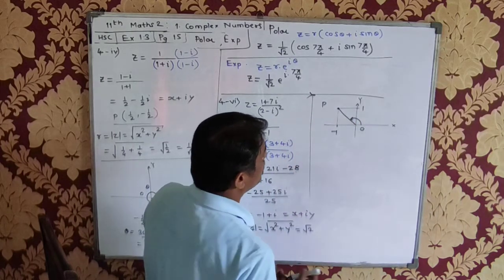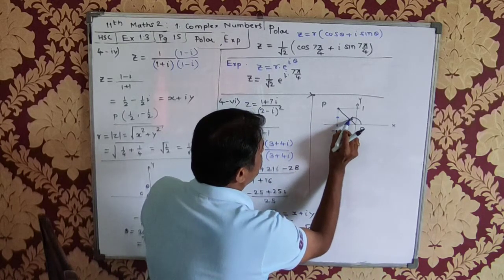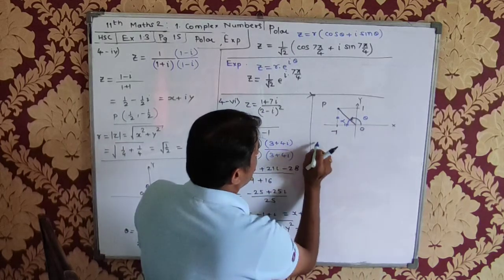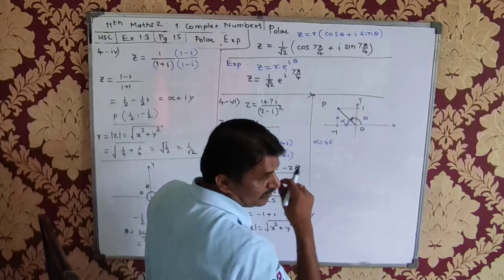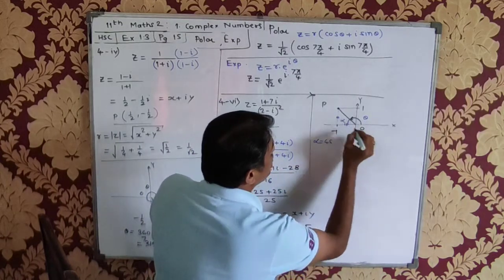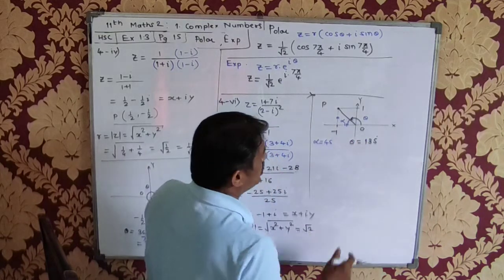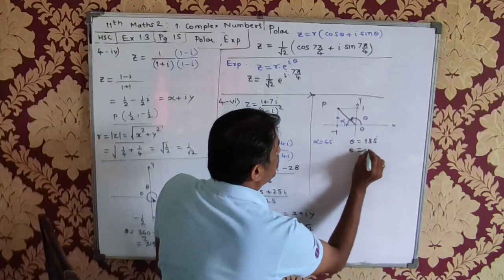Now this is an isosceles right angle triangle, so this is 45 degree alpha and this is theta. Alpha is equal to 45 and theta is equal to 180 minus 45, that is 90 plus 45, which is 135. So 2 pi by 4 plus 1 pi by 4, 3 pi by 4. Theta is equal to 3 pi by 4.